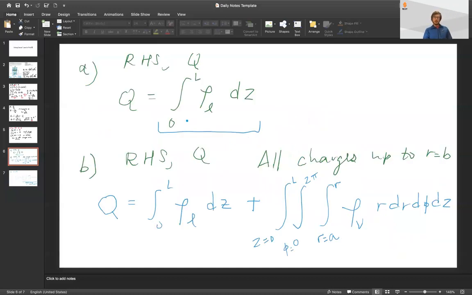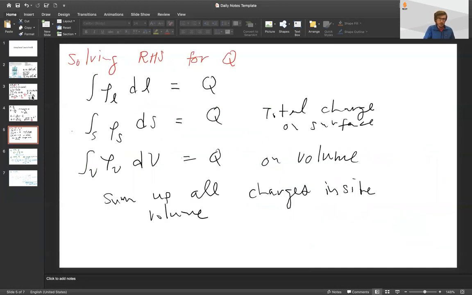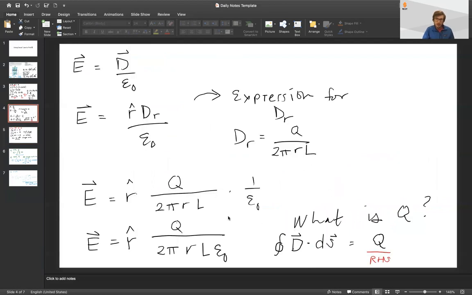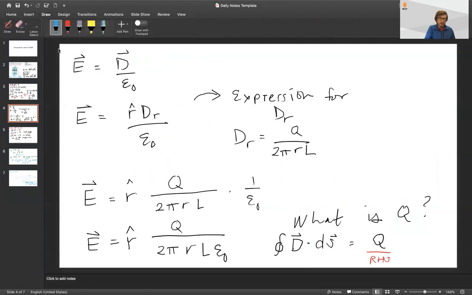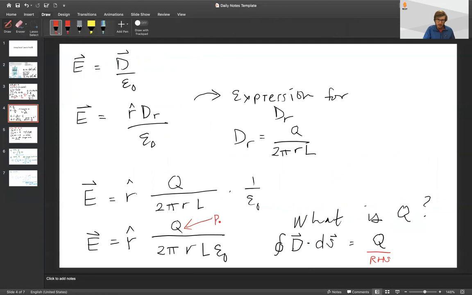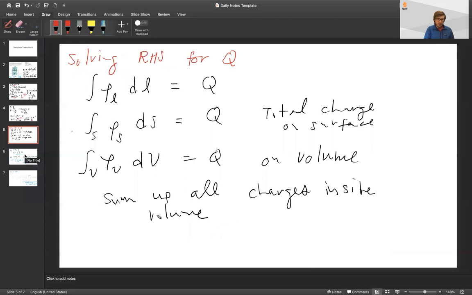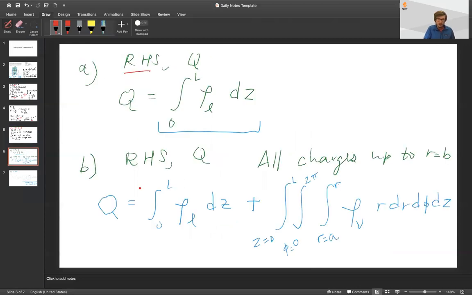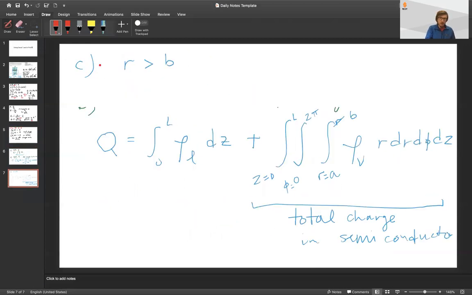So we can find the total amount of charge by doing line integrals, surface integrals, or volume integrals. And the total amount of charge is then going to go into here, replacing this variable. These are the right-hand side, and we can find the right-hand side for all of these different situations.